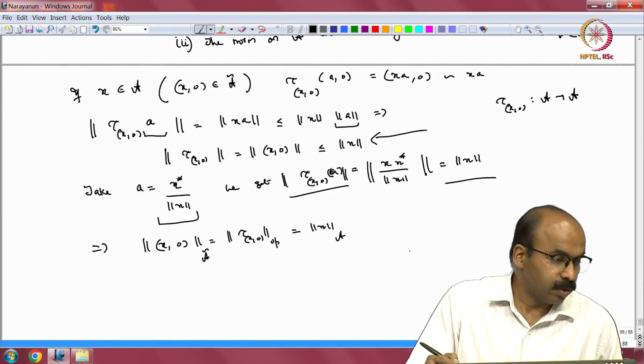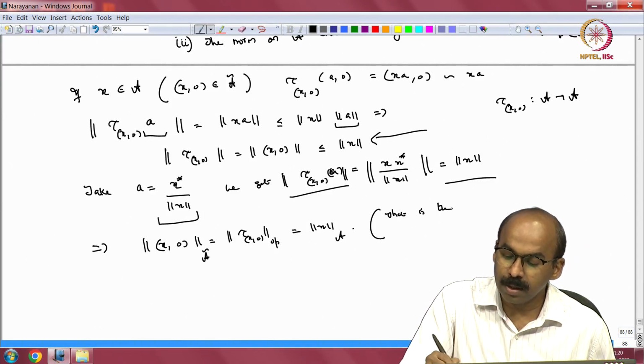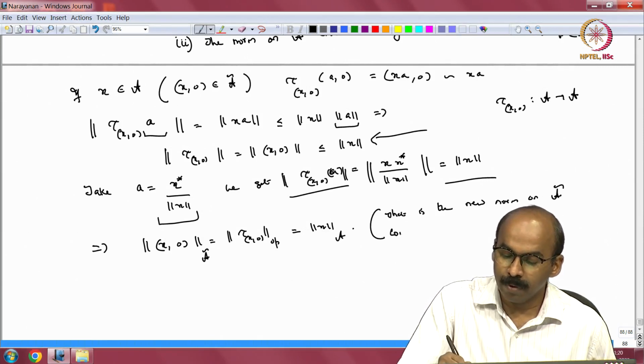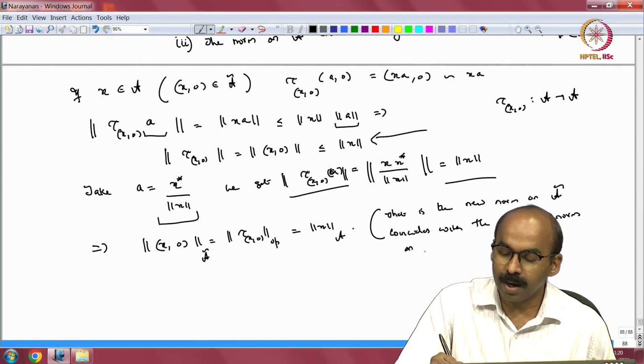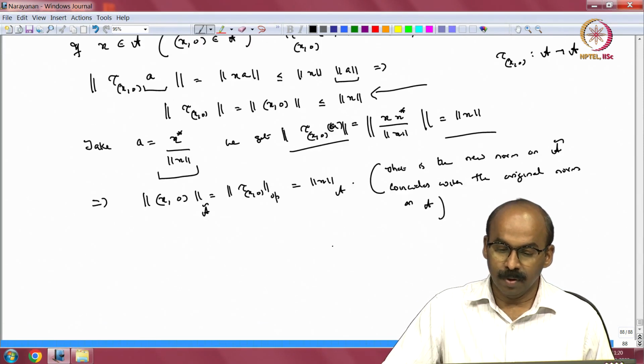So the new norm on A tilde coincides with the original norm on A when restricted to A. For elements in A it is the same.